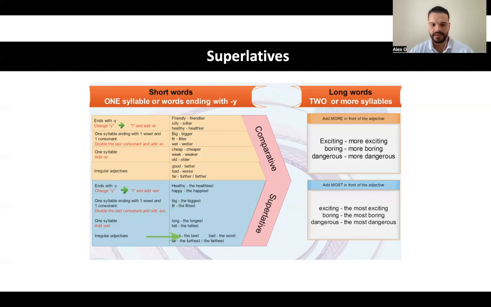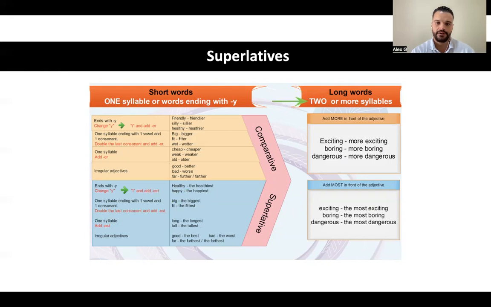Good becomes the best, bad changes to the worst, far the furthest or the farthest, okay? So make sure to memorize the spelling rules and don't forget that we're always going to use the article the for superlatives, okay?